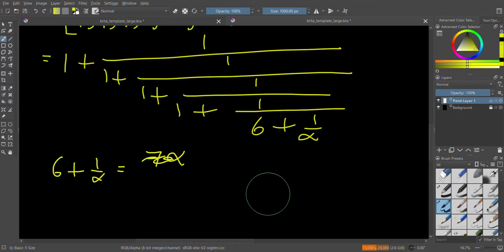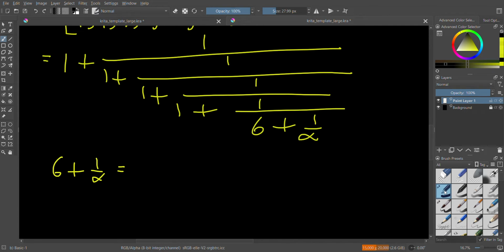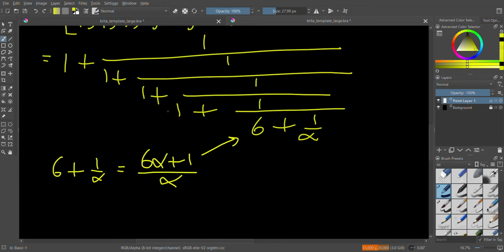Because 6 plus 1 over alpha is going to give you, I'm sorry, it's going to give you, oh, I have to keep changing colors. This is really 6 alpha plus 1 over alpha right here. Then when you flip this, this becomes alpha over 6 alpha plus 1.